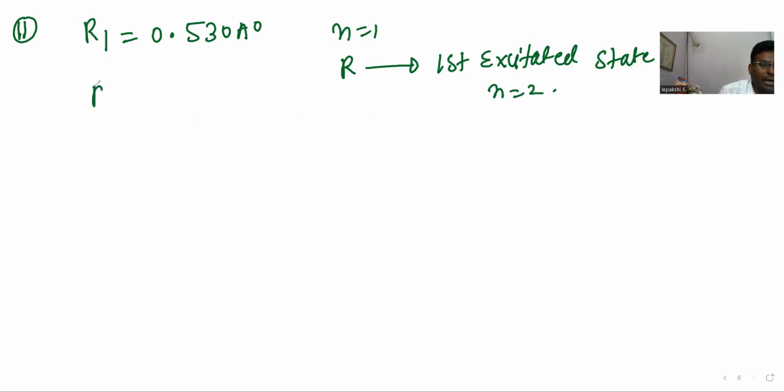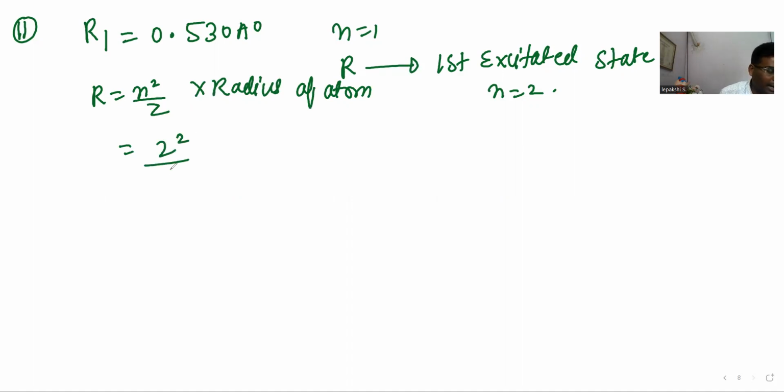We use the formula r equal to n square upon Z into the radius of atom. The n value is 2 here for the excited state, so it will be 2 square, and the hydrogen atomic number is 1, into the radius of atom, which is given as 0.530.